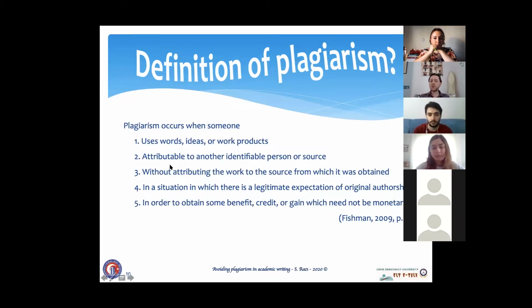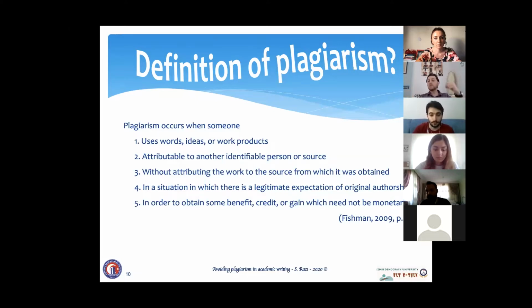Secondly, attributable to another identifiable person or source. Where does the information come from? It comes from, for example, here, Fishman, or it comes from American Psychological Association. Could be identifiable with a person or with any source. Thirdly, without attributing the work to the source from which it was obtained. The key point, without attributing.